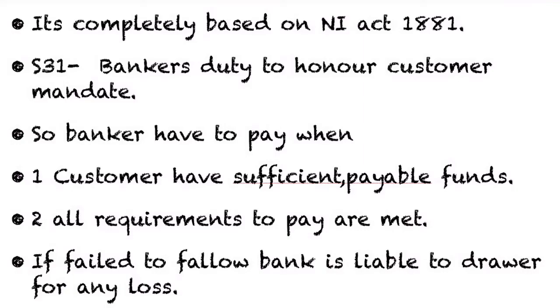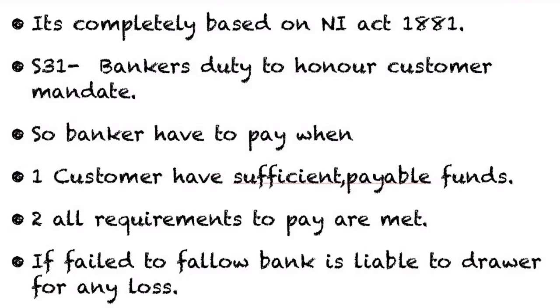If there is 1 lakh rupees in the account, that is sufficient. The second condition is payable funds. If there is a court order, then we can't pay. If there is a reason to offset our loans, we have to recover our loans, then we can't pay. After the court order and offset, if 1 lakh is still there, then that amount is called sufficient payable funds.